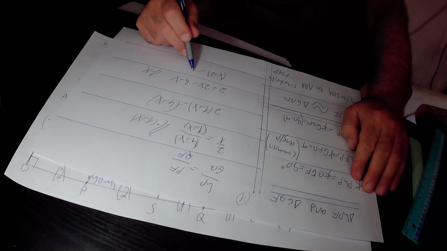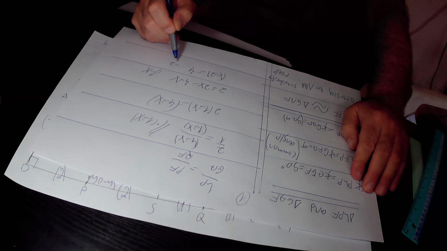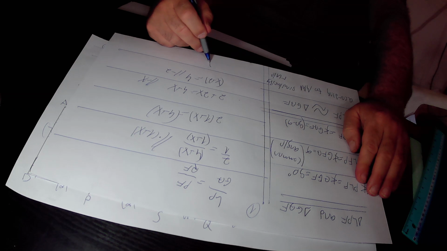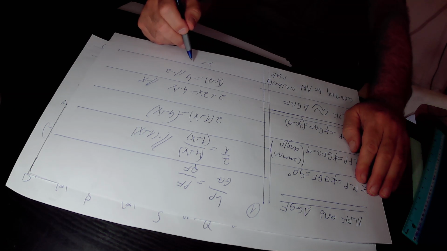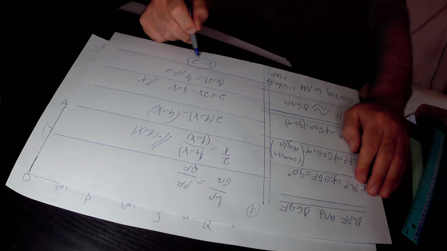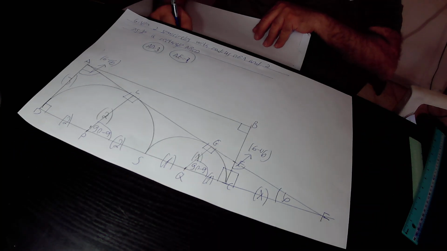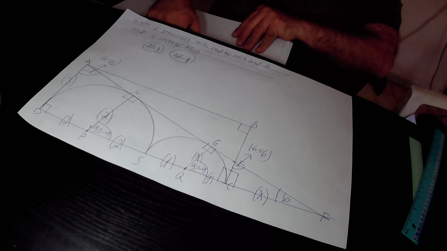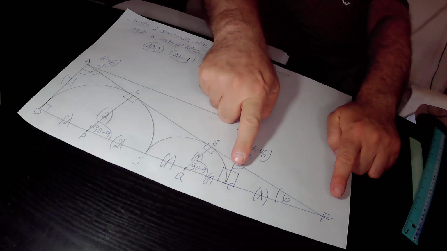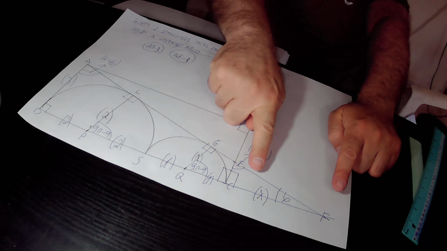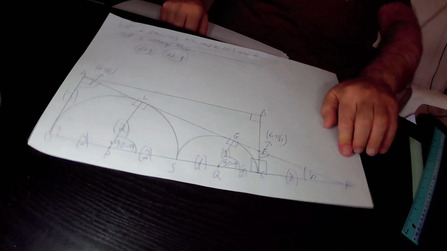Here we subtract 2 from the equation, and finally we get that x equals 4 minus 2, that is 2. So we actually found out that the length of this line segment CF equals x, which equals 2 units.